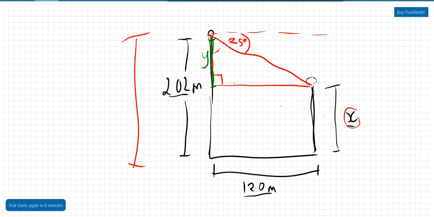So from there to there, if I subtract that from 202 meters, it will give me x, the height of this building. So we have done a lot of questions like this, where we have a taller length minus a section that we find, and it gives us the length that we want, in this case x. So hopefully you can see that. So the taller building, take away y, which we're going to find in a minute, will give us x.